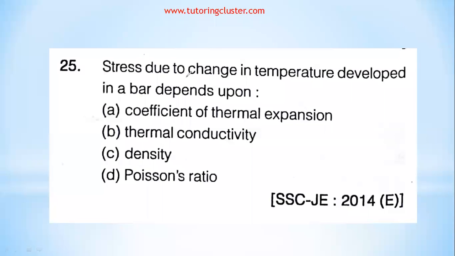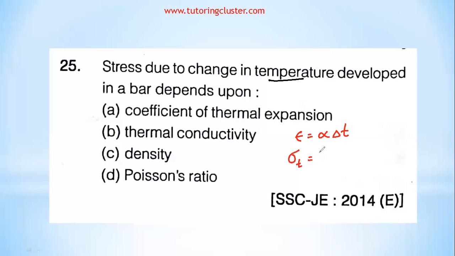The stress due to change in temperature developed in a bar depends upon. So what is the formula to calculate stress due to temperature rise? We know epsilon is alpha delta T. And what will be stress due to temperature?